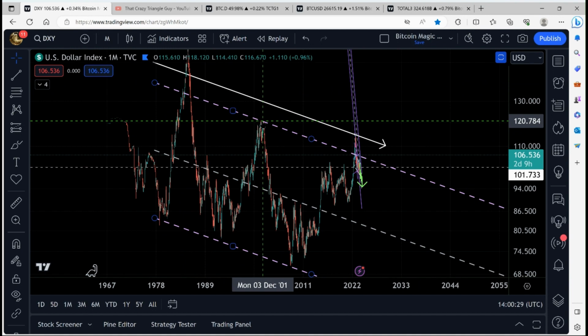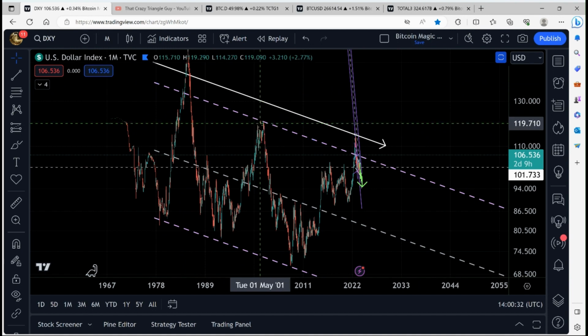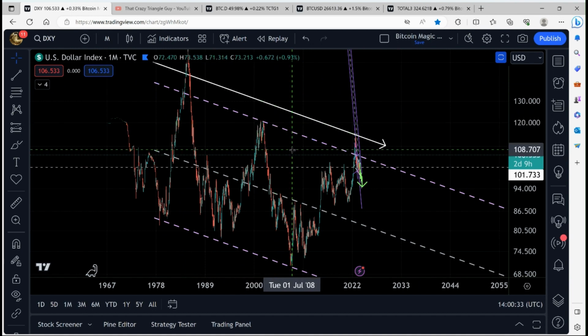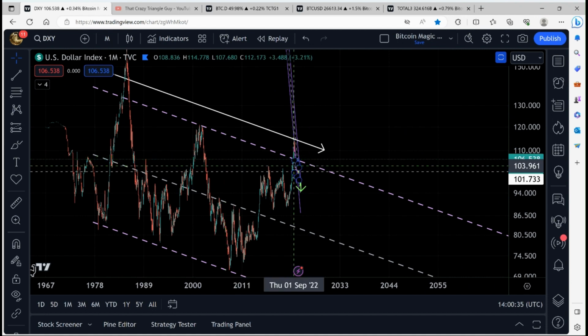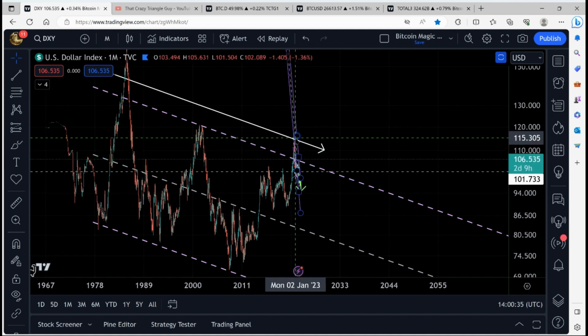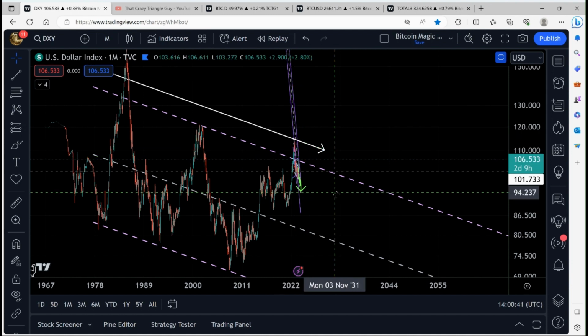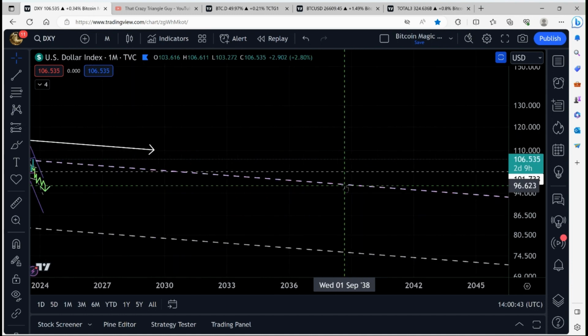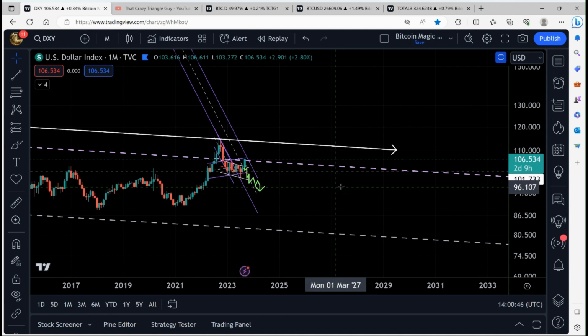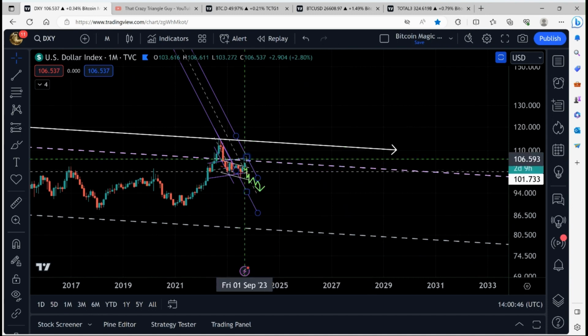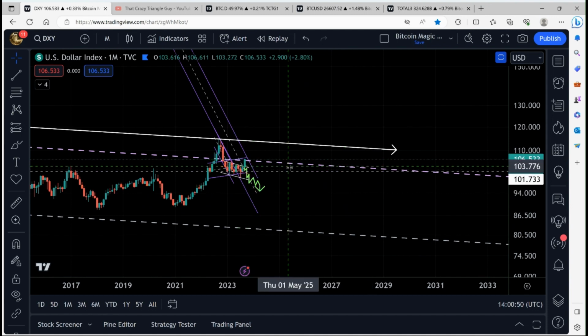This is the .com era, and we've currently poked through it all the way up to this trend line here earlier this year, and we've just poked through the top of this channel again.